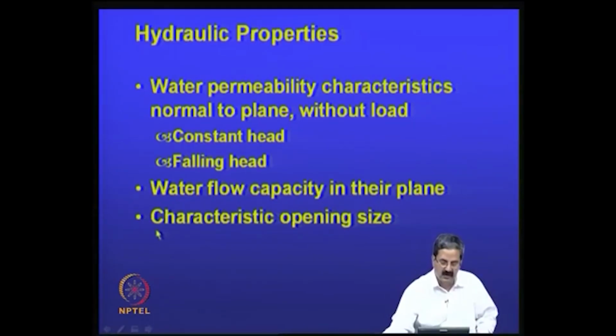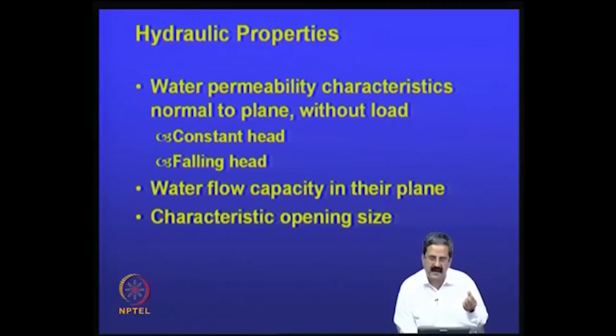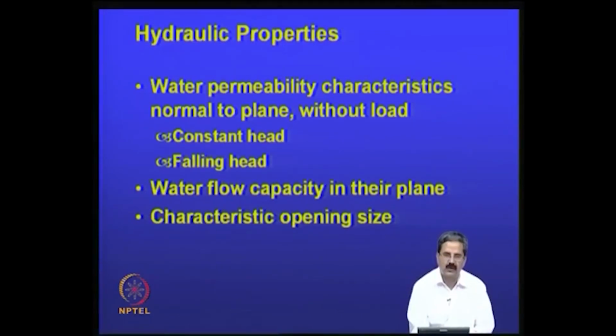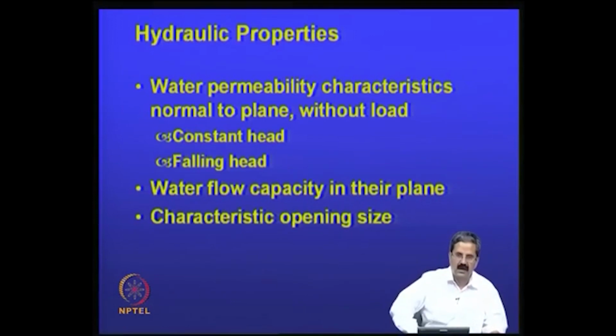Then there is what is called the characteristic opening size. All geotextiles have some opening size. I told you, for example, about prefabricated vertical drains, which I mentioned in the previous class for improvement of soft ground. One is a filtration characteristic, the other is a drainage characteristic. The filtration characteristic depends on the opening size, since only the water should enter, not the soil.